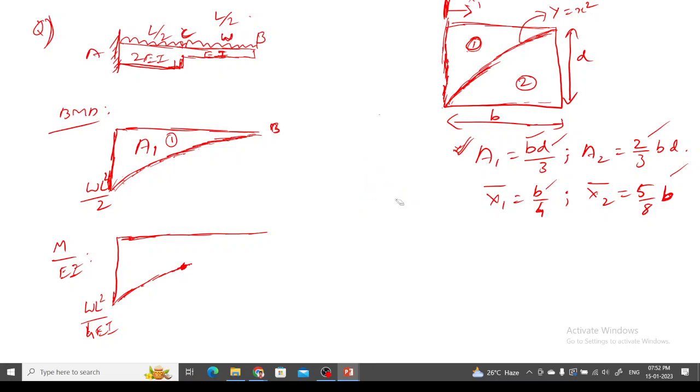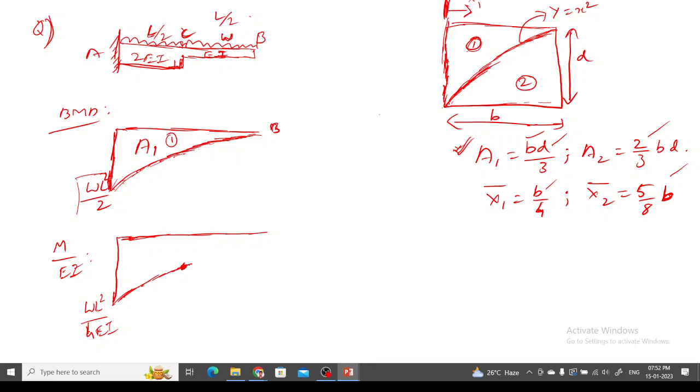First I have drawn the bending moment diagram, right? Then up to this length of L by 2, the total product of EI is 2 times EI. So at this corner I have divided the moment by 2 times EI.